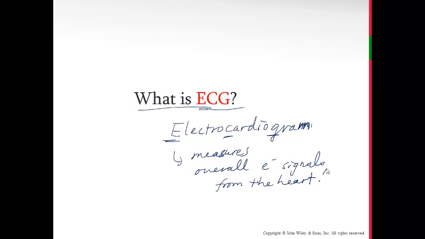For instance, they will put several different electrodes onto your arms, legs, as well as chest to measure if your heart is working properly.